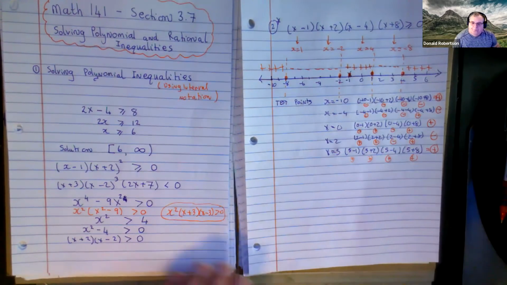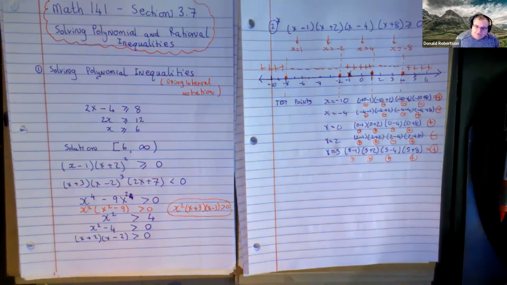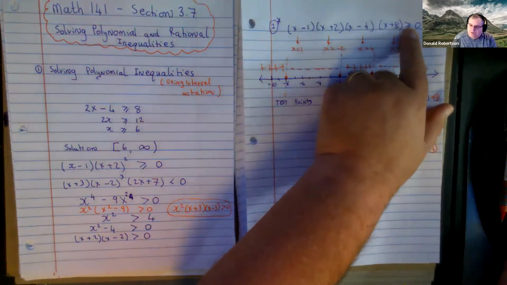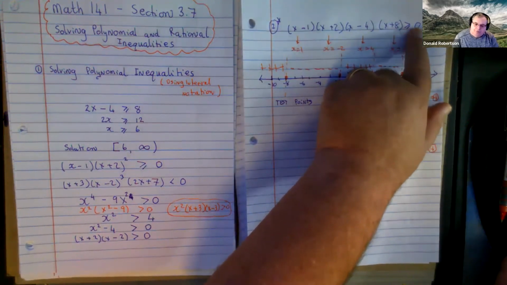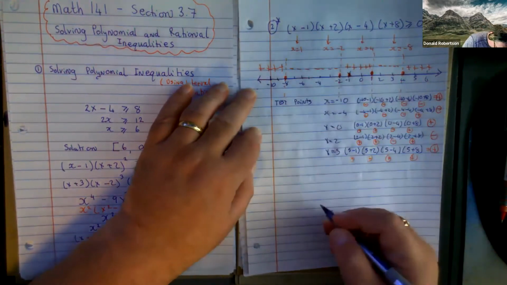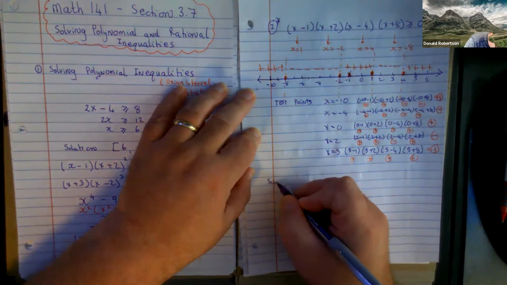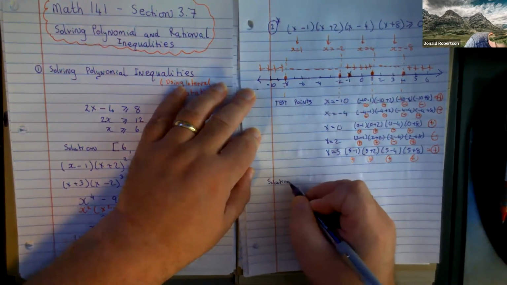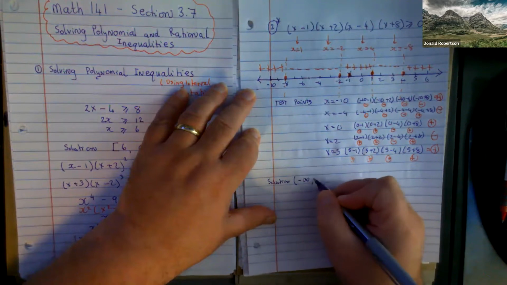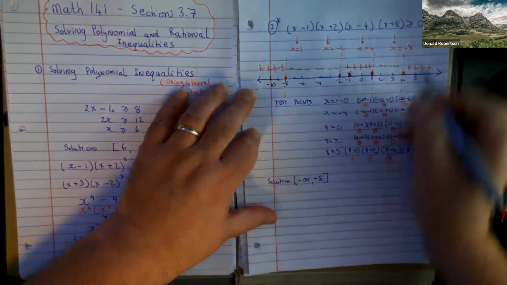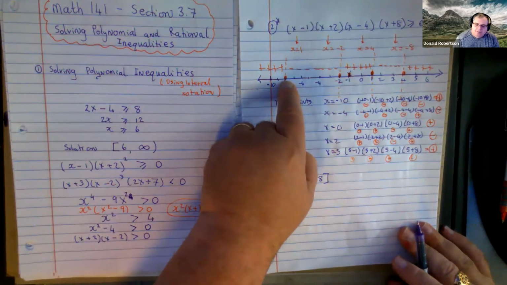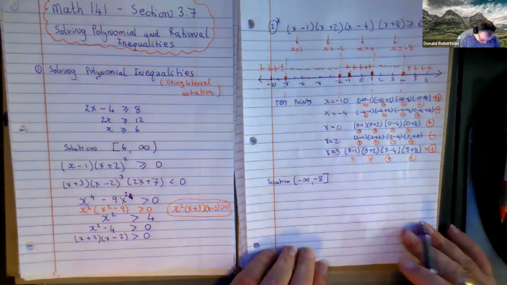Right. Now, we are only interested in when this entire thing is positive, greater than or equal to 0. So it's good in this region, from here to here. That gives me anything less than negative 8, including negative 8 because it's greater than or equal to 0, including it because I put a solid dot there.